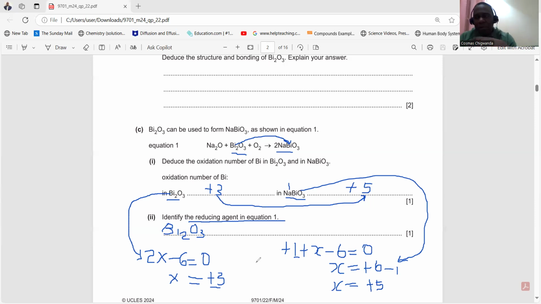So calculating oxidation numbers in a chemical equation can help us to indicate who is the oxidizing agent and who is the reducing agent. And as such, this equation, which you are seeing here, is actually some form of a redox reaction. By tracing what is happening, you'll be in a position to actually deduce whether bismuth is an oxidizing agent or a reducing agent.